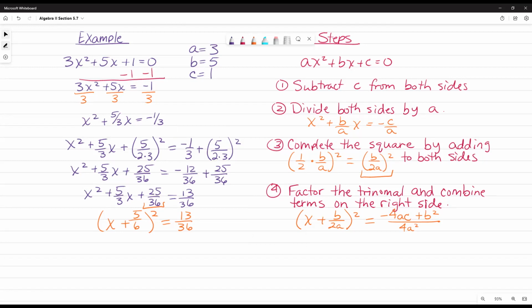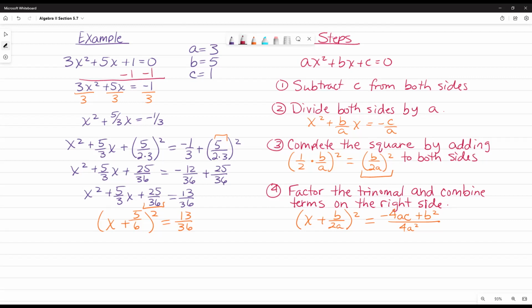But we squared that second term inside the binomial. So like x squared is x times x, and 25 over 36 is 5 over 6 squared. It's 25 over 36. Okay.